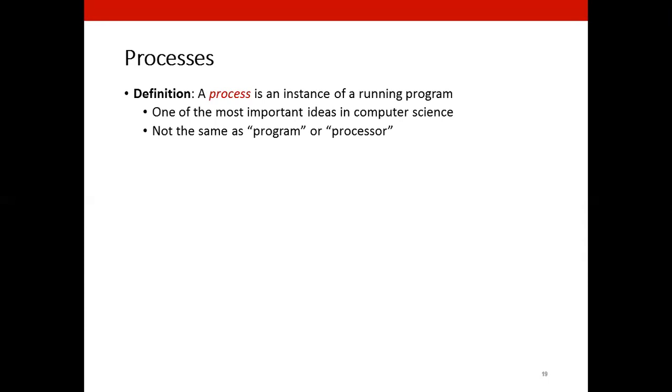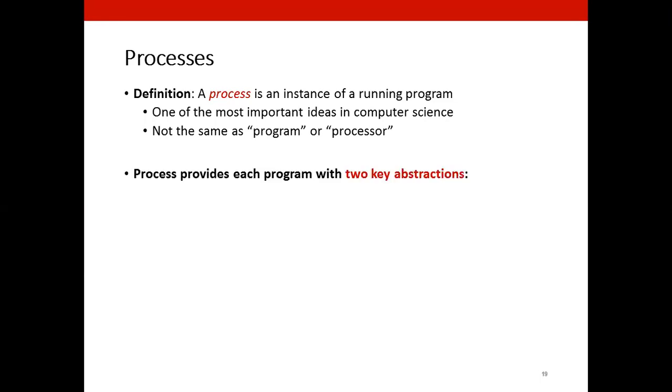When you start running a program, you create a process to run that program, which creates a running program instance. So it is a very important idea in computer science and it is not the same as a program or a processor. A processor executes instructions and the program is a collection of instructions and data. A process is an instance of a running program in a processor.